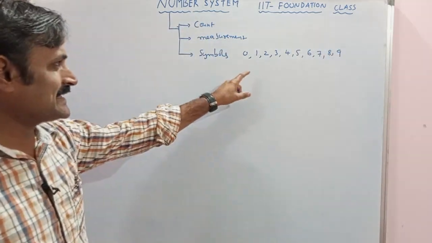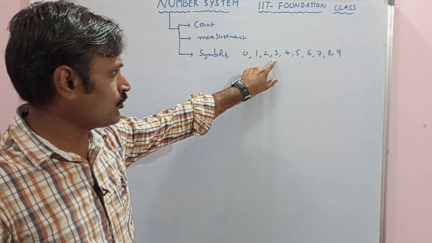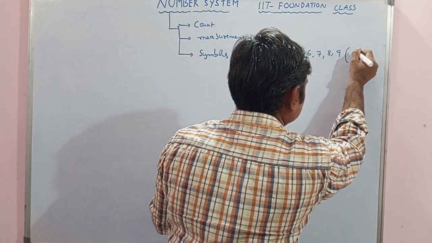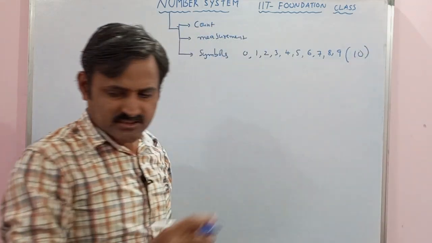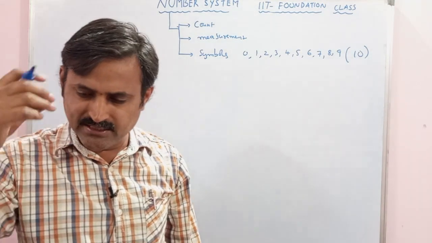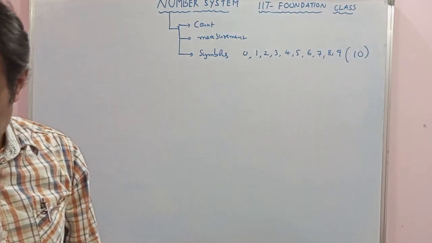How many symbols are there? 1, 2, 3, 4, 5, 6, 7, 8, 9, 10. These are the 10 symbols, and compulsorily we write any number with their help.